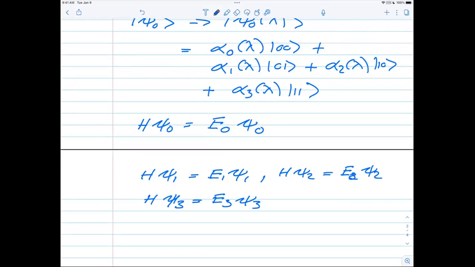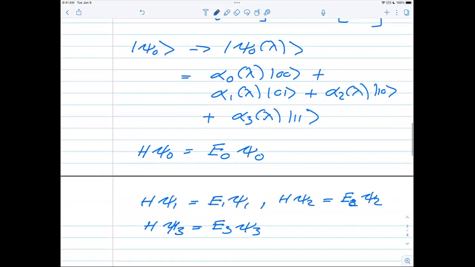But I'm going to expand these in terms of the orthonormal basis which I have defined, which is an eigenbasis of a part of the Hamiltonian. Now, this is very useful in case the interaction is weak.